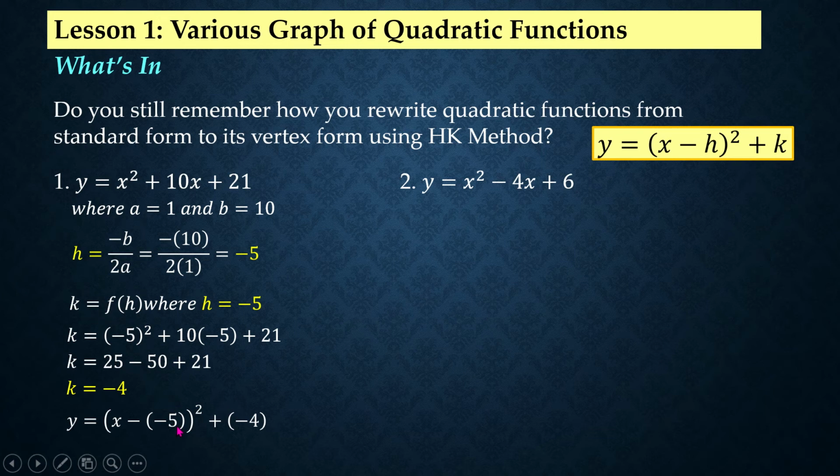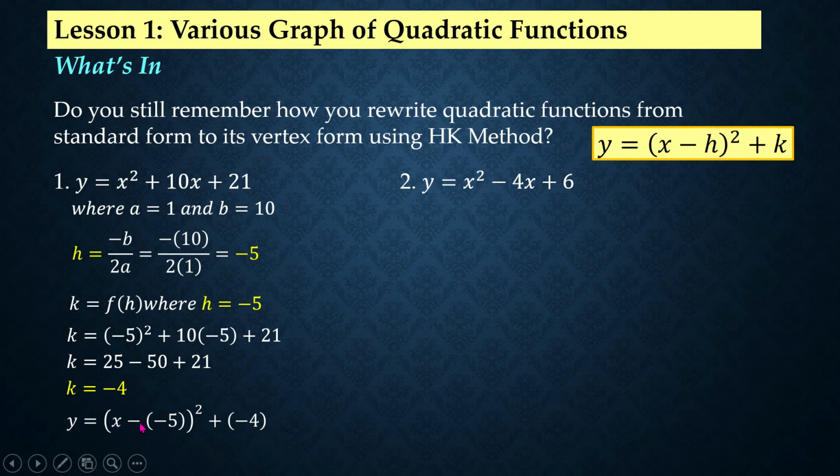Parentheses are important to differentiate the operation from the sign of the second number, because we cannot subtract a negative number, but instead change the sign of the operation into plus and the sign of the second number into plus. So that would be x plus 5.